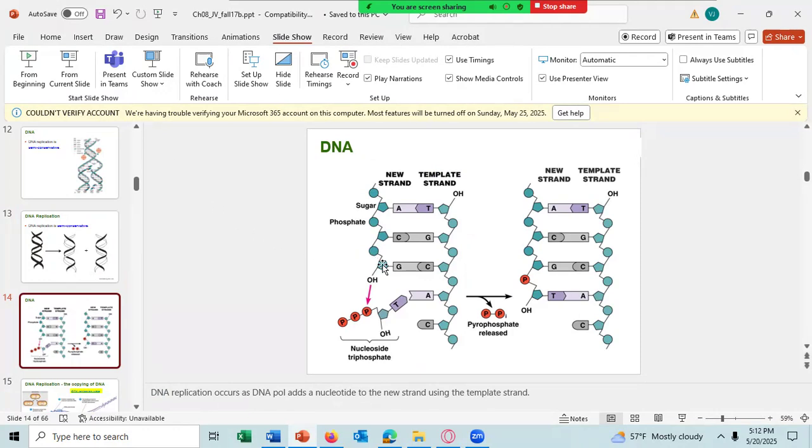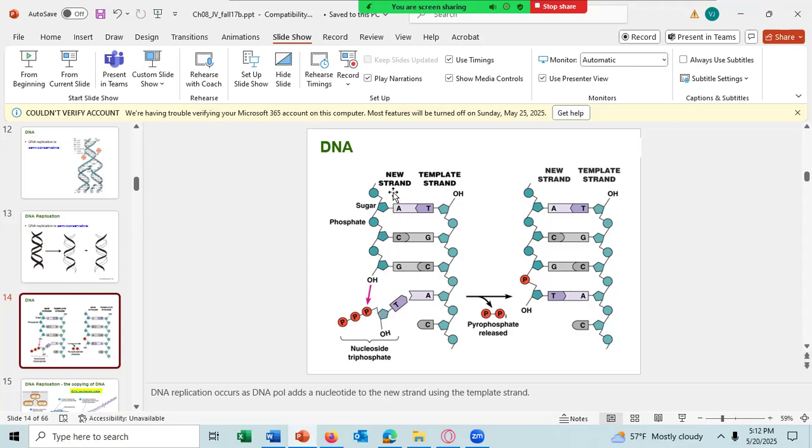So when the DNA is building a new strand of DNA using the template, the DNA polymerase will bind to this nucleotide, see it's an A, and then add the corresponding T. How that happens is a T triphosphate gets added.